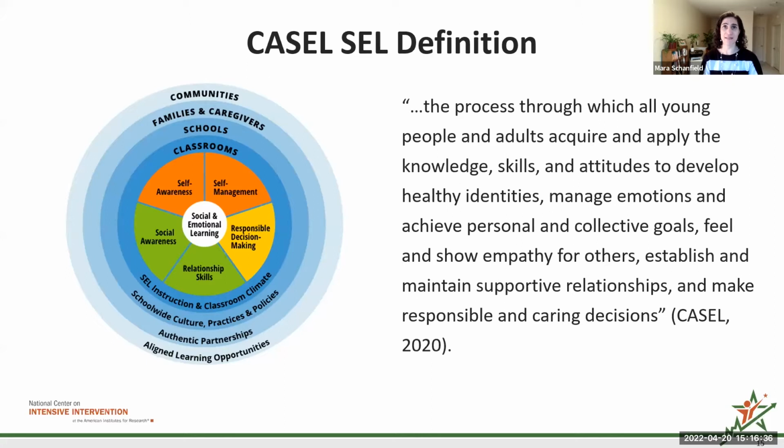And I offer the CASEL definition here because the brief that Zach mentioned uses the CASEL competencies for framing and provides strategies related to each competency in each tier for students with intensive needs. You can see those 5 competencies shown here in the center. They're individual skills, but they're also embedded within the larger context of classrooms and schools, homes, and communities.